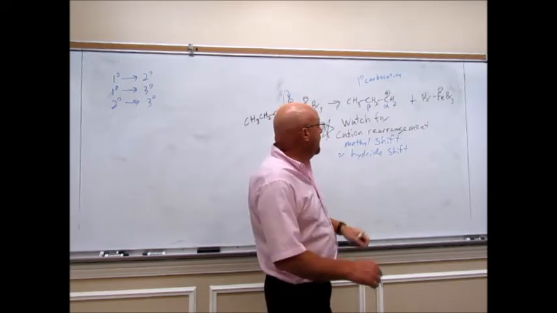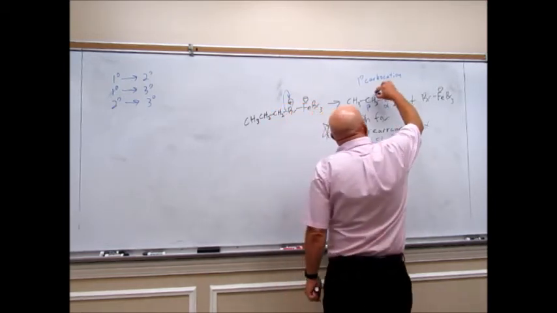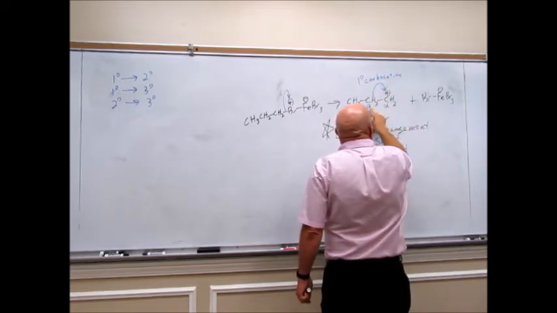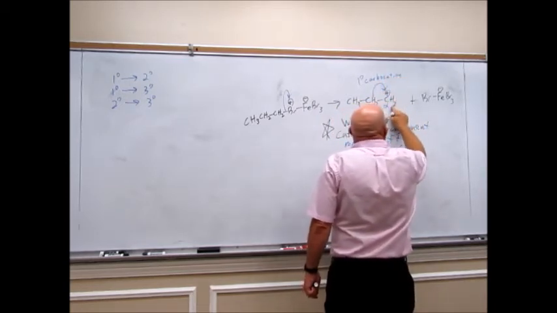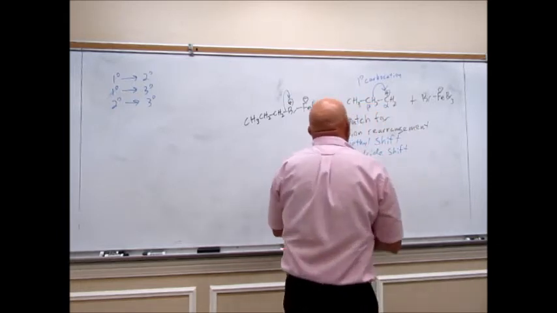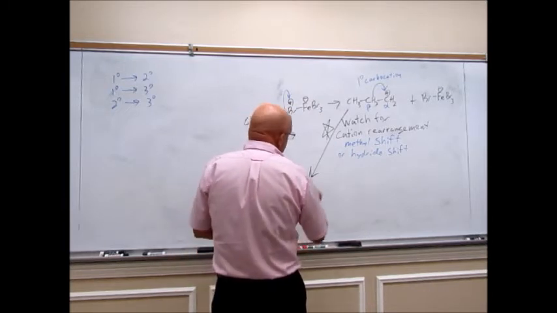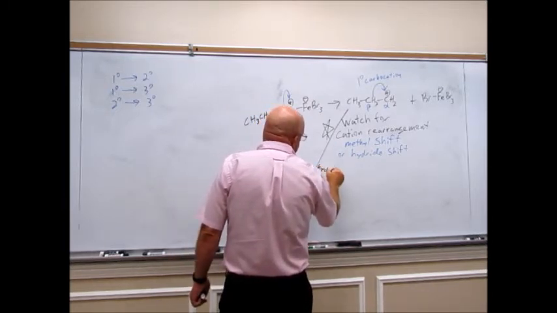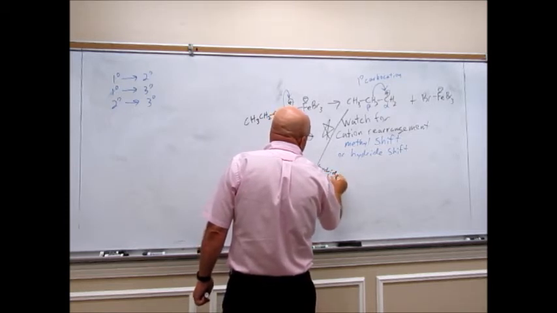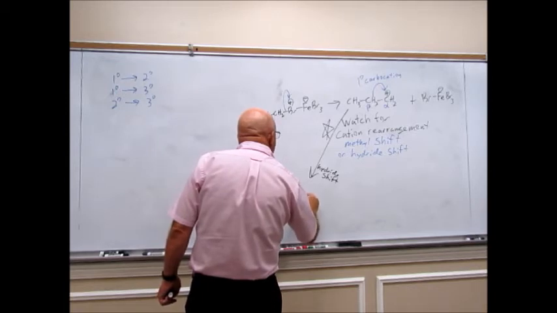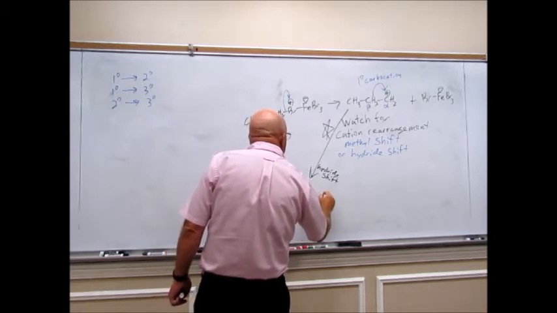It's a smaller group, easier to move. I'm moving a hydride over, an H minus, from the beta position. And so that will give us our hydride shift here. That now gives us a secondary carbocation.